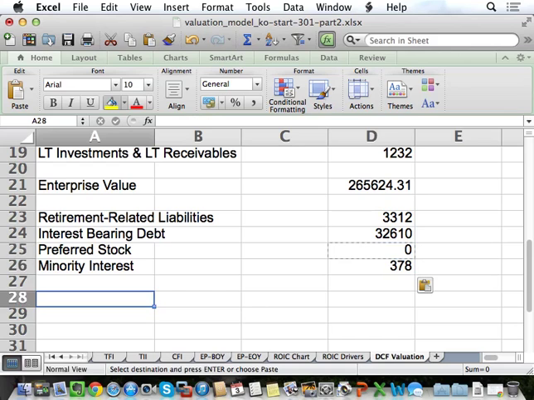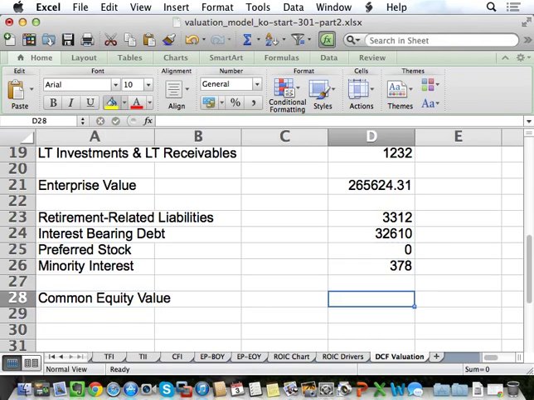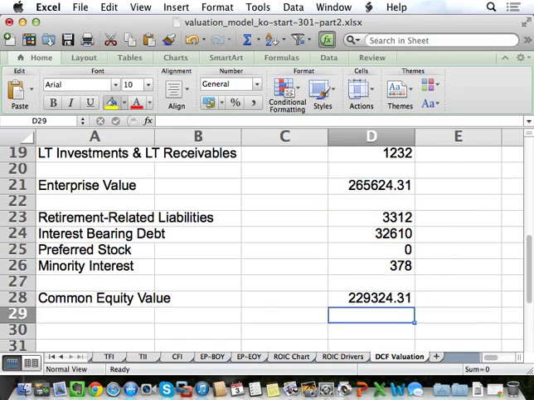So that my common equity value equals the enterprise value minus the sum of these 4 items, or 229,324. Right? So that's my guesstimate of what the value of the shareholders' cash flows will be in present value once everybody else has been paid off.